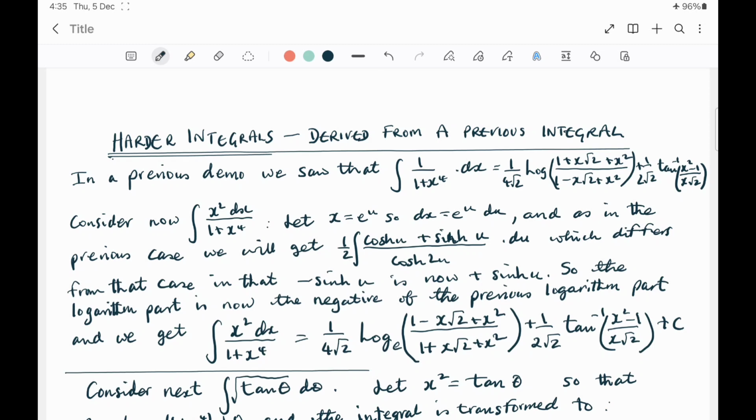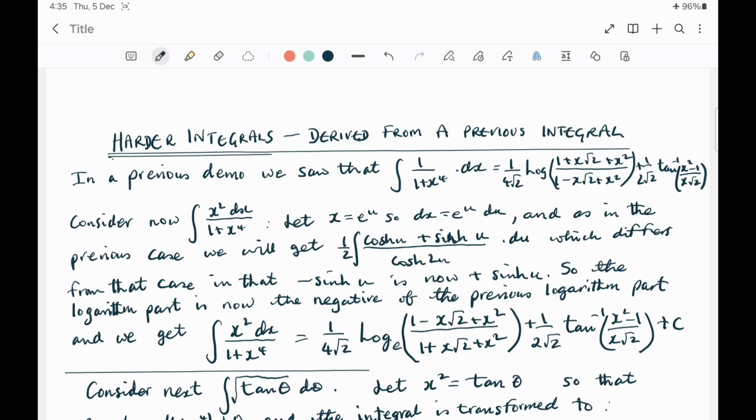There, the numerator was cosh u minus sinh u, and here we have cosh u plus sinh u. So the logarithm part of the integral will now be the negative of the previous logarithm part.